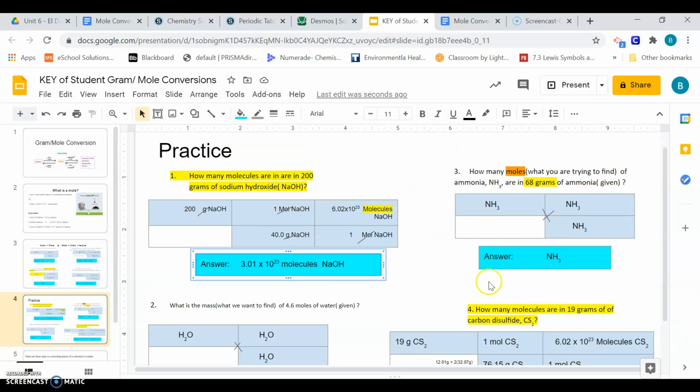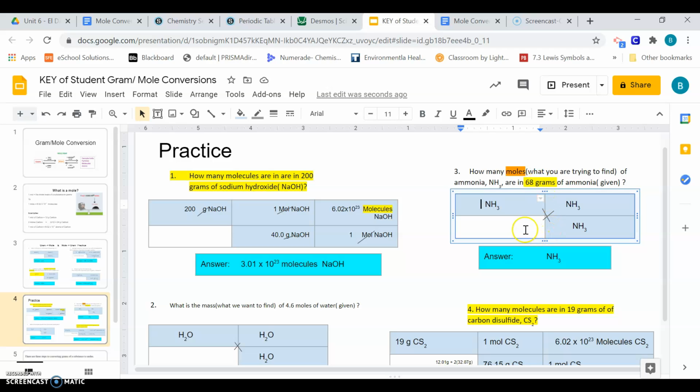One last one we can practice here at the top, going from grams to moles. You're given 68 grams for number 3. To cancel grams, we need to find out what the mass is. The mass of nitrogen is 14.01.